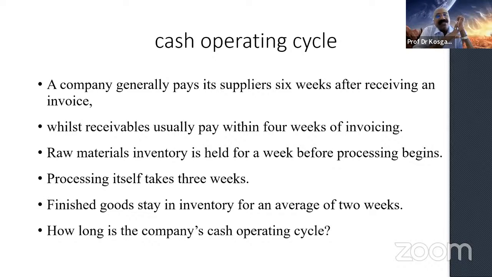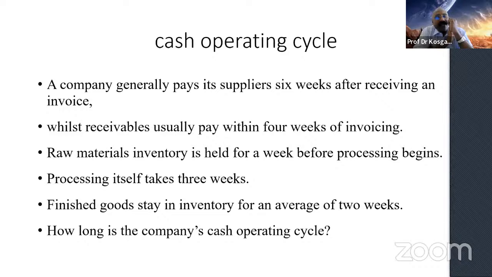Processing itself takes 3 weeks. Finished goods stay in inventory for an average of 2 weeks. How long is the company's cash operating cycle? So you have 6 weeks, 4 weeks, 1 week, 3 weeks, and an average of 2 weeks.